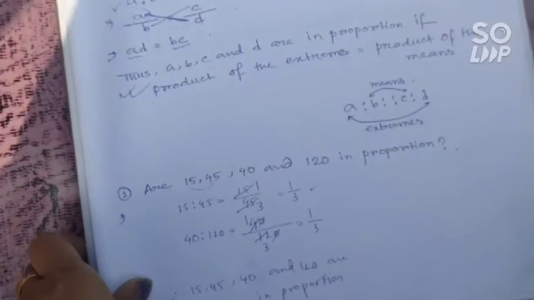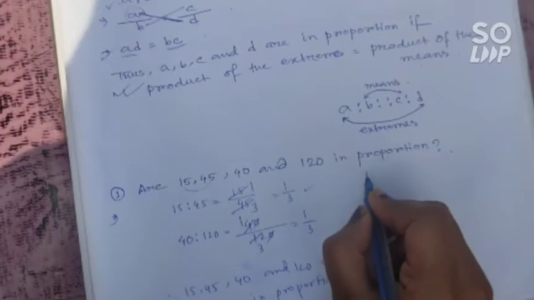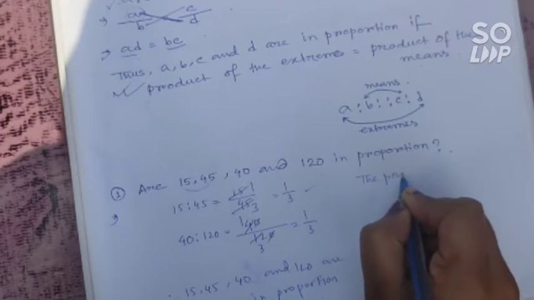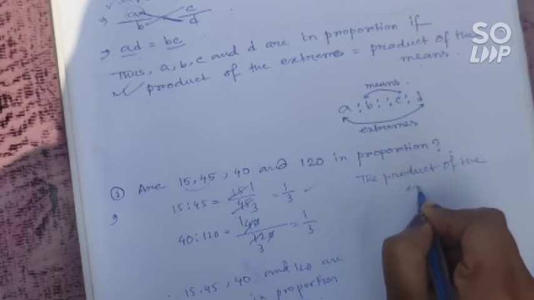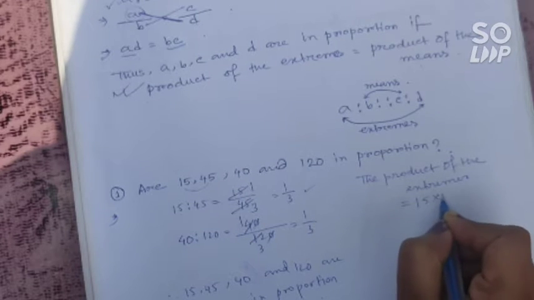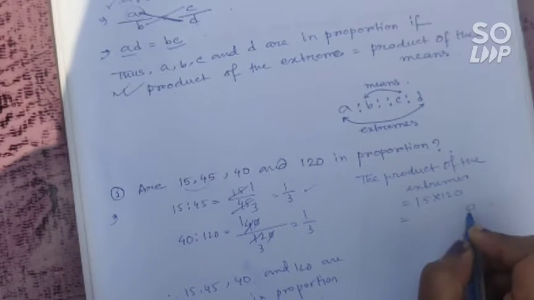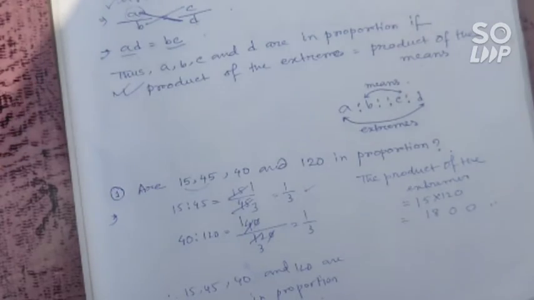Second process, I have told you earlier that there is another condition for checking proportion, that is the product of the extremes. So the product of the extremes, 15 and 120, is equal to 1800.